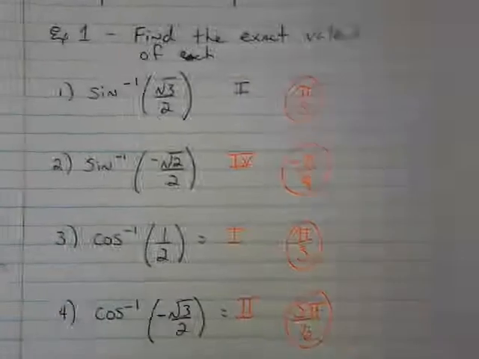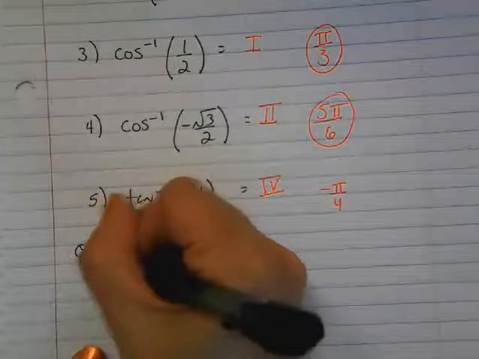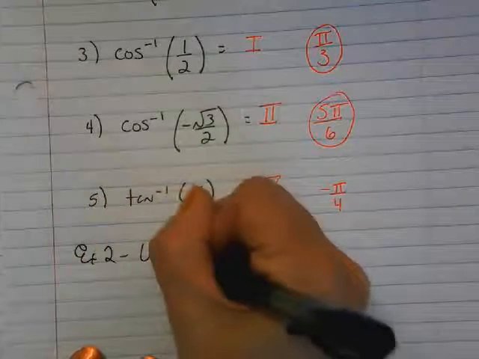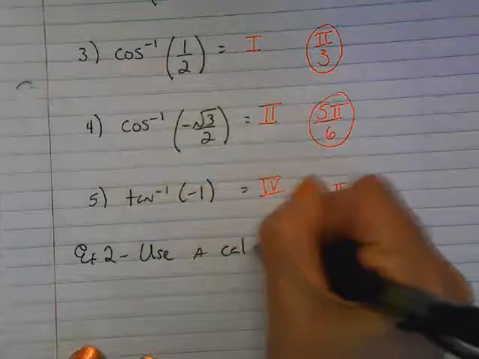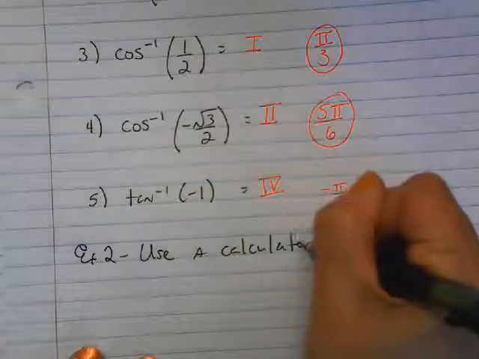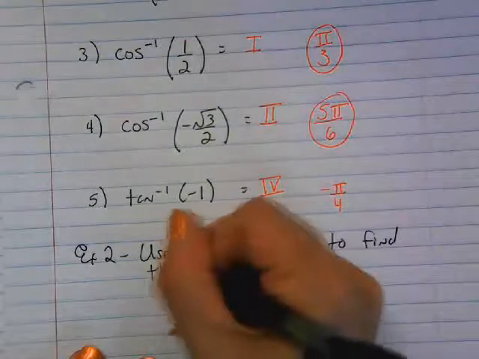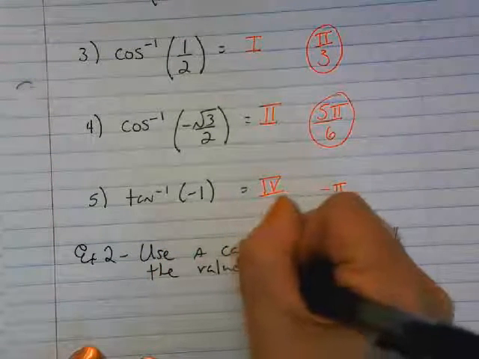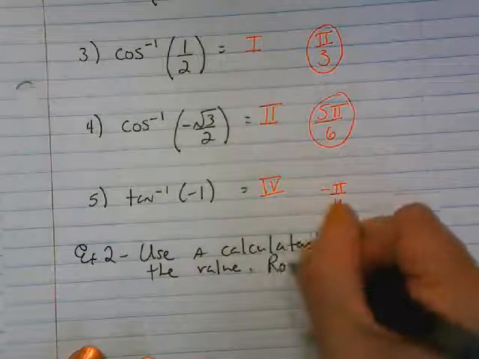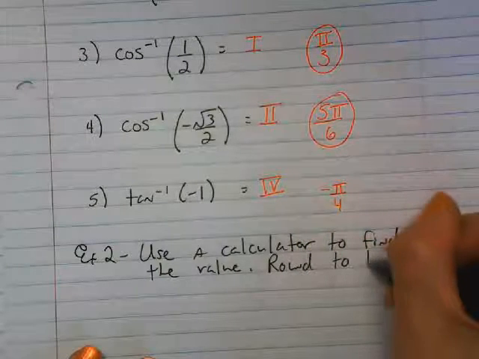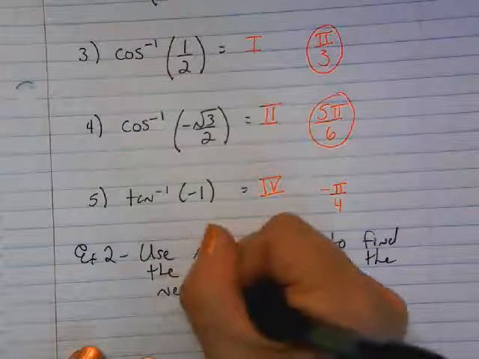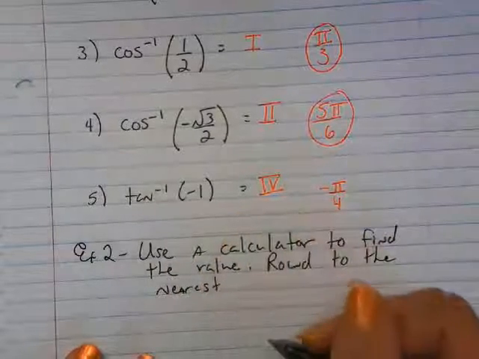Alright, example 2. Use a calculator to find the value, rounded to the nearest 10,000th.